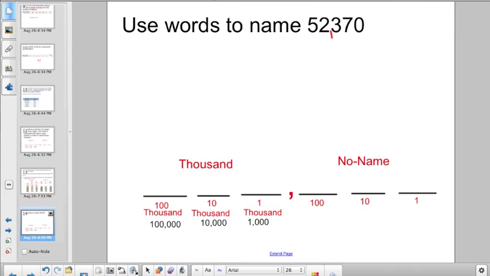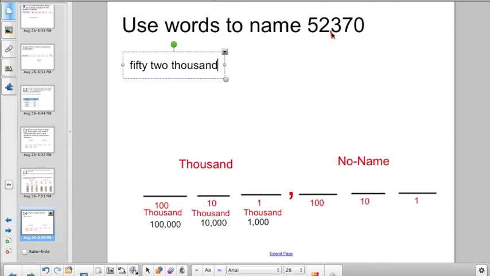Now remember the rule. Look at each side or group at a time. Name the number, name the group. So I have the digits 5 and 2 here. How do I say 5 and 2? I say it 52, right? Now name the group, 52,000.